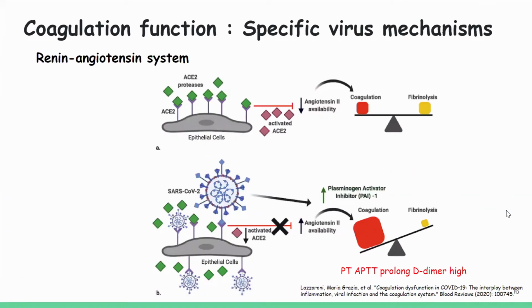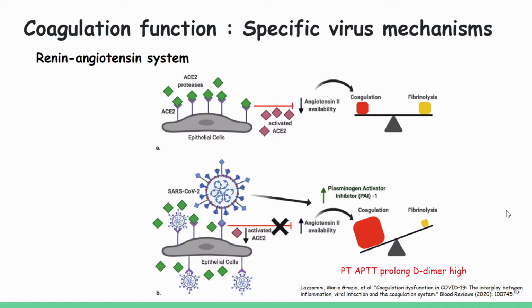Another possible mechanism of the increased coagulation is the renin-angiotensin system. Normally, ACE2 converts angiotensin 1 to angiotensin 2 and so controls the regular level of angiotensin 2.